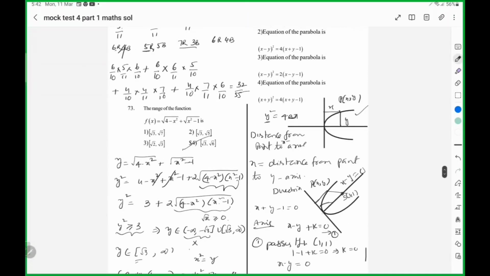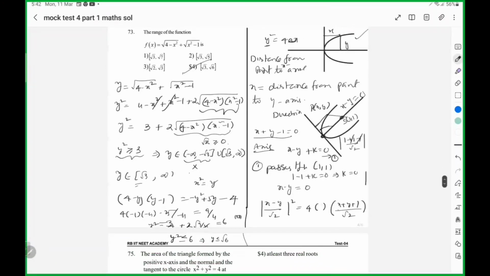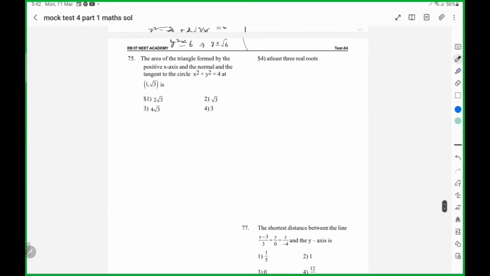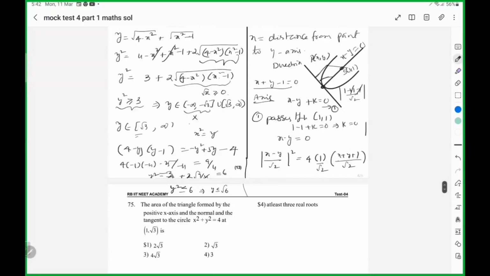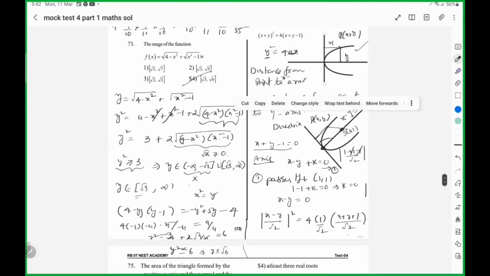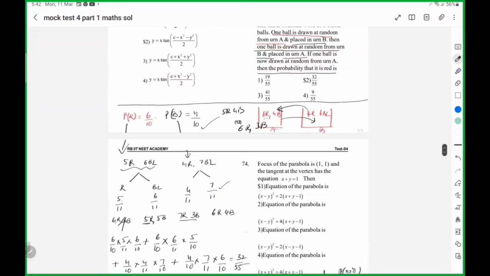A is nothing but the distance from this point to the focus. You know this tangent at the vertex, substituting, 1 plus 1 minus 1 by root 2. So here the a value is this. Simplification will give us the required equation. I think here the x minus y root 2 get cancelled out, 4 times x plus y minus 1.